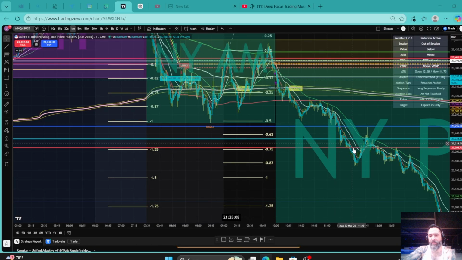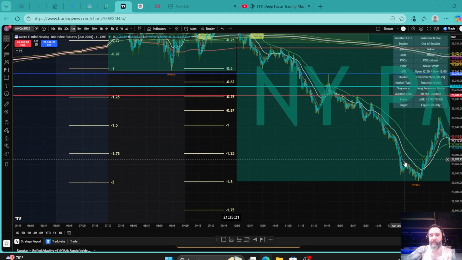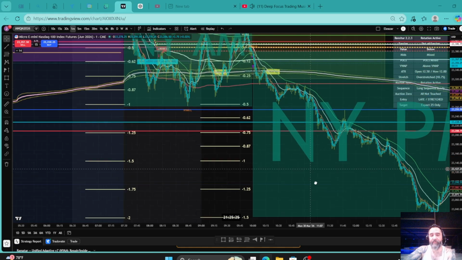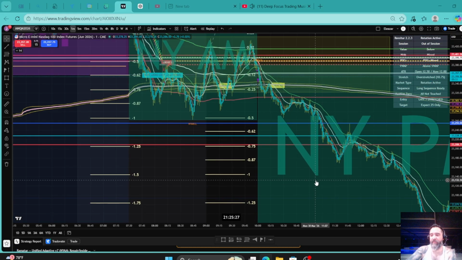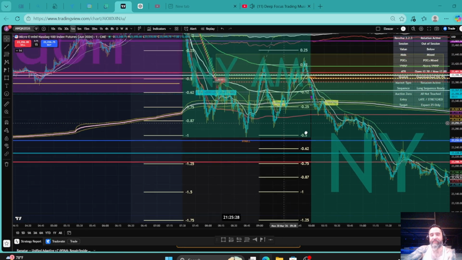And you can see price did come down to the 87. And then here came back up to the mid, and after that started coming back down. Shallow pullbacks, and there it is, all the way to the 1.50. Now guys, this is the thing.